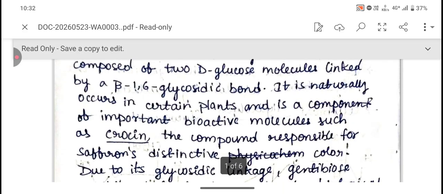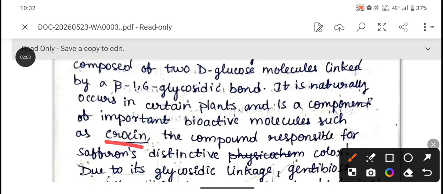It occurs naturally in certain plants and is a component of important bioactive molecules such as crocin, the compound responsible for saffron's distinctive color.